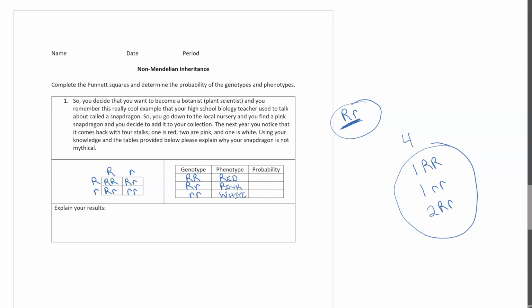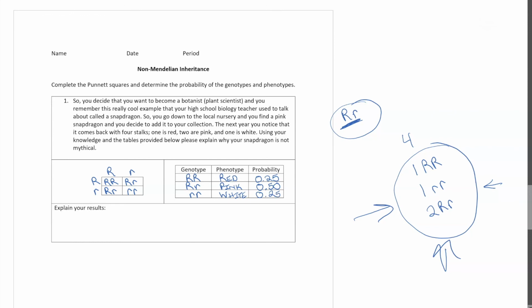Okay. What are the probabilities? Well, we can base the probabilities on the number of individuals that we had in our population. So in this case, we've got a probability of 0.25, and we have a probability here of 0.50, and 0.25 again.